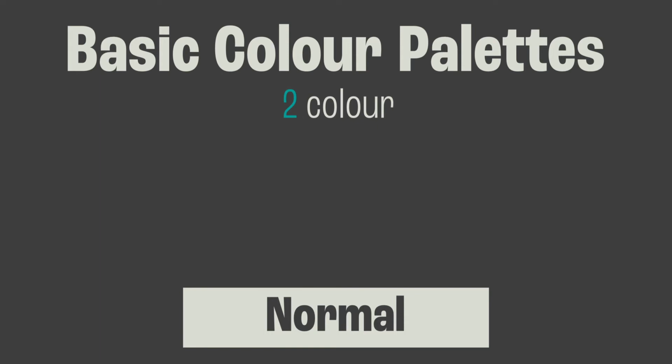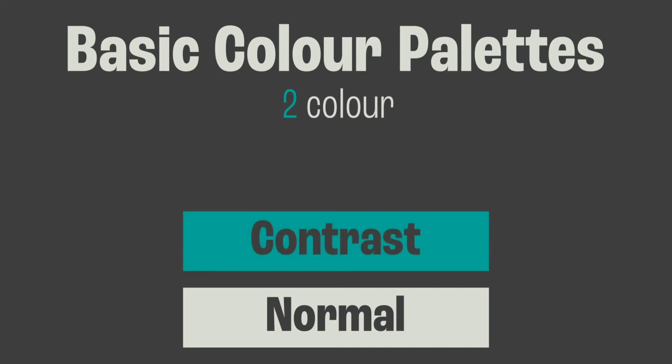It's relatively low contrast, and contrast might be a problem if you go too far with this. But I like this slightly ivory white against the grey. It's calm, it's warm, it's attractive, I think. But then my second color would be where I want to highlight something. I want to draw your attention to something. So I've got my main color, my normal color, and then I've got a contrast color.